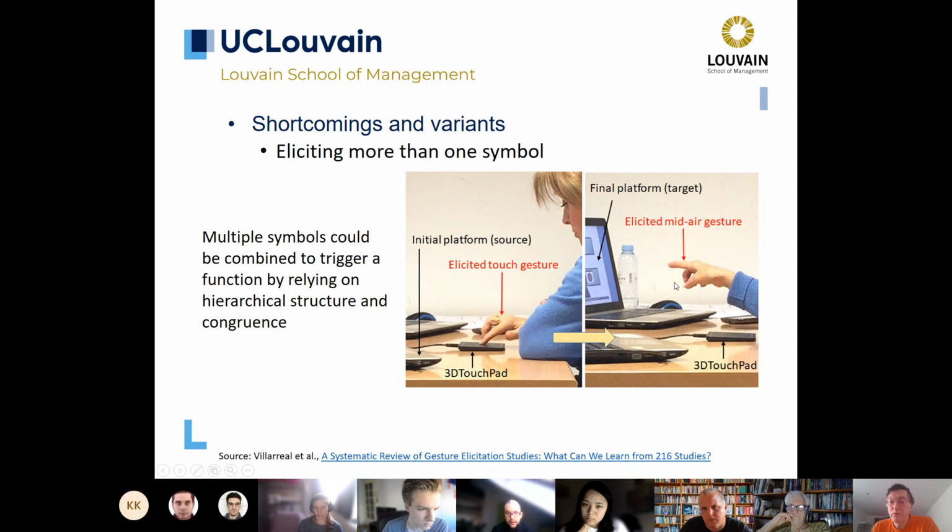But when it came to proposing a gesture in mid-air interaction, the gesture was much more sophisticated. It was like a movement in the air, like moving the hand around. So it is very difficult then to find out the relationship between those two gestures, although this one is a flat 2D and this one is a 3D in space.